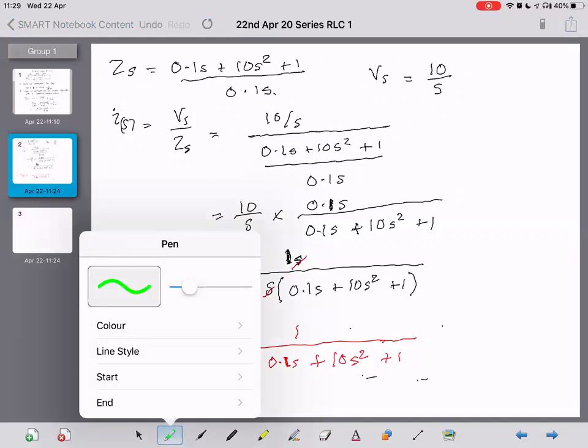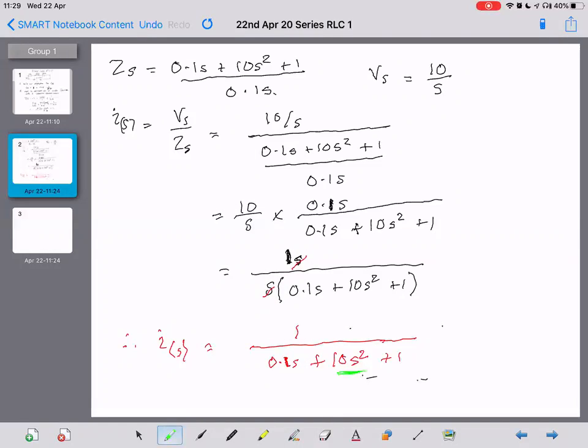It's got to have a term with S squared. It's got to have a term with S to the power of 1. It's got to have a constant.